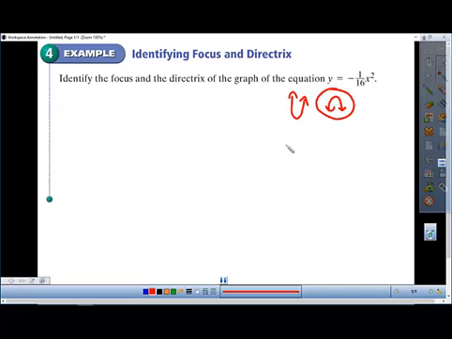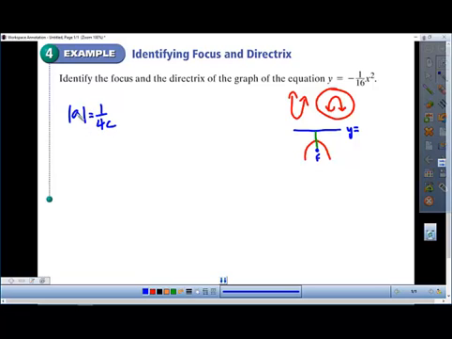Okay, so we know that wherever this parabola is, from the vertex we'll have a focus that's right here, and then we're going to have a directrix that's going to be a y equals equation, the same distance from the vertex up as it is from the vertex to the focus. Now there was a formula that we had, which was absolute value of A equals 1 over 4C.